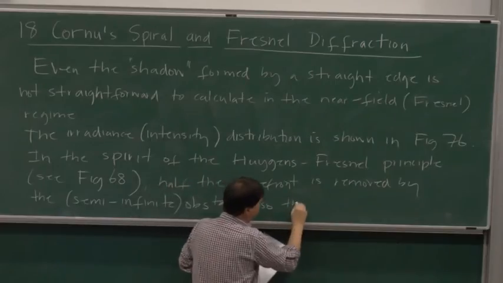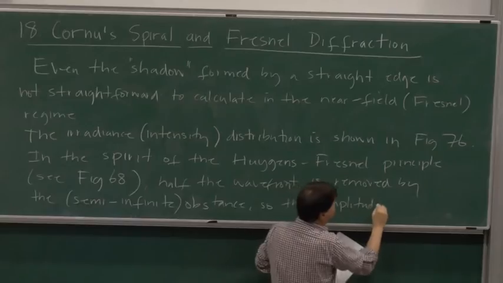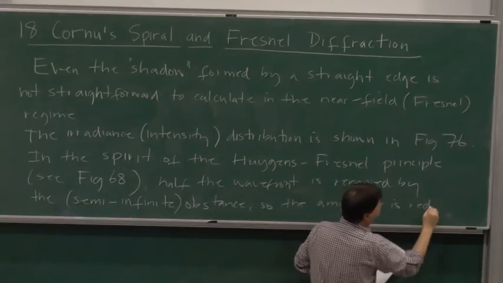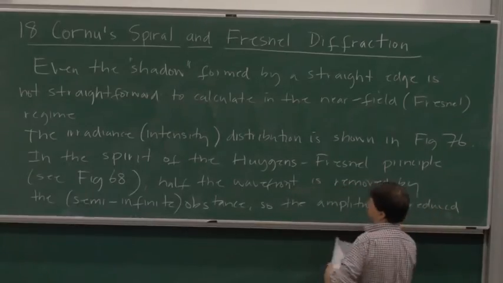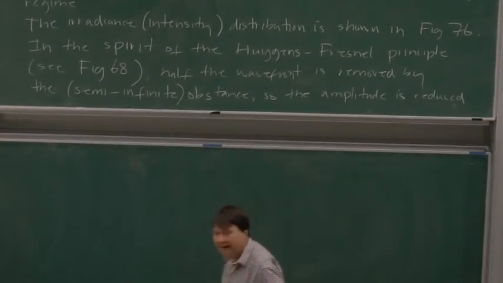So the amplitude is reduced. This is the one part of the curve you can calculate, if you like, without doing any kind of deep thinking, because you know that the amplitude's been reduced by a factor half at the edge of the shadow.